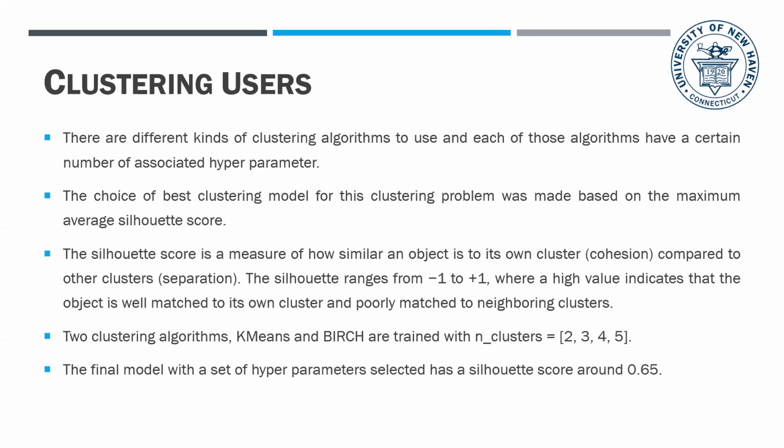The authors in this paper considered two clustering algorithms, k-means and Birch, and used a number of different cluster counts. The final model with a different set of parameters has a silhouette score of around 0.65.